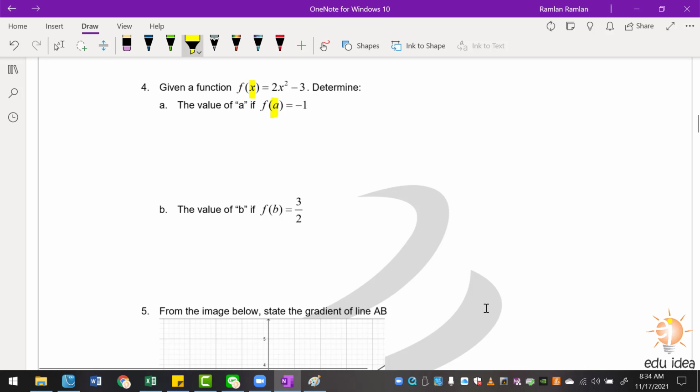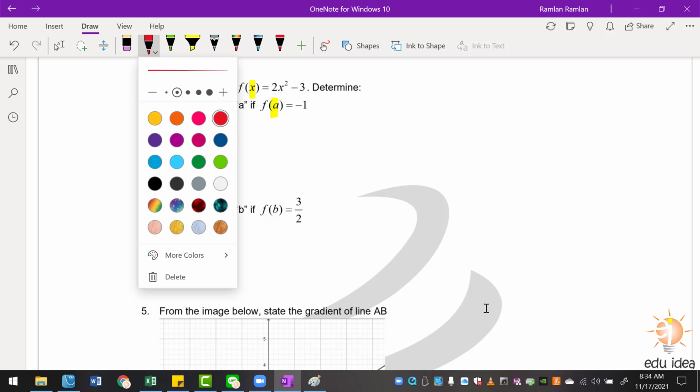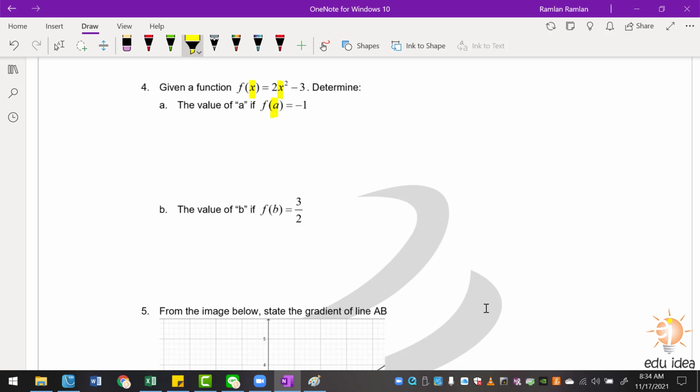So I substitute that with the a, so I will get f(a). f of a is equal to (2a) squared minus 3. Like you saw before, I'm just substituting this x with this a. That's it. So I can open that bracket, so it becomes 4a squared minus 3, and that will be equal to minus 1.